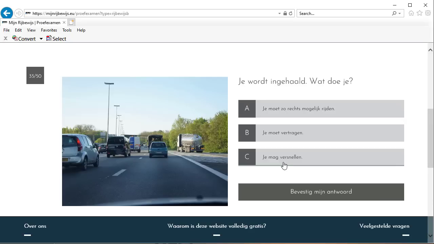The correct answer is you must ride as right as possible. If someone is overtaking you, be careful and give him space to overtake. You don't have to slow down, and you should not increase your speed, because then it becomes a competition. You just continue riding at the speed that you are riding.